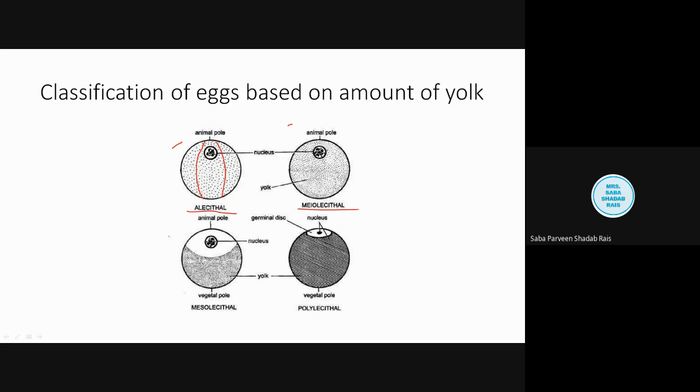So this type of meiolecithal, mesolecithal or microlecithal egg will usually be observed in animals which show metamorphosis, like insects, amphioxus, tunicates. Their development will be indirect, and the embryo will go through various stages of development like the larva.